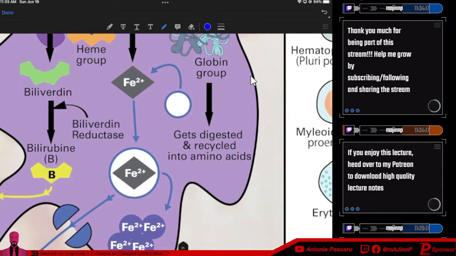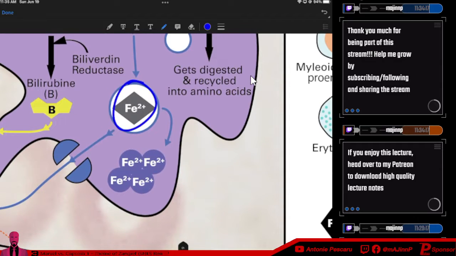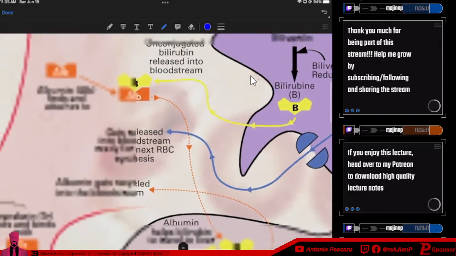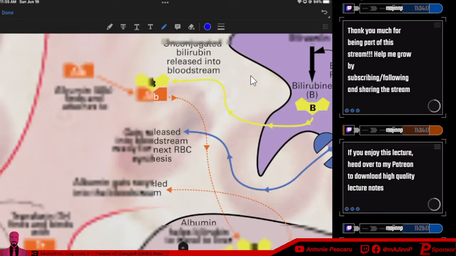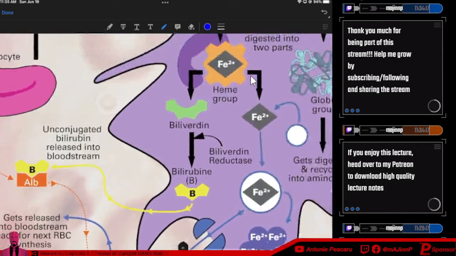And ferritin has two pathways. Ferritin can either go create more hemosiderin, where it stores the iron inside of the cell, or it goes into the ferroportin transport protein channel outside, gets released into the bloodstream, for the next red blood cell synthesis, basically.